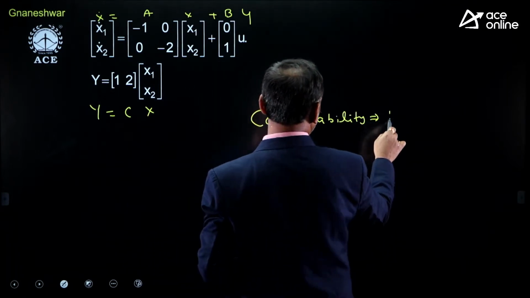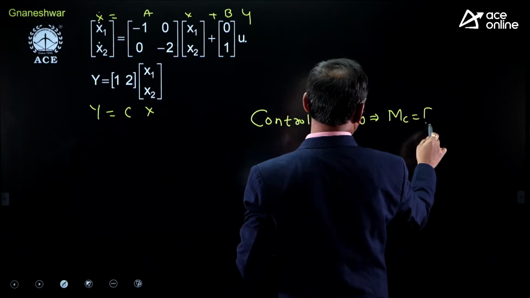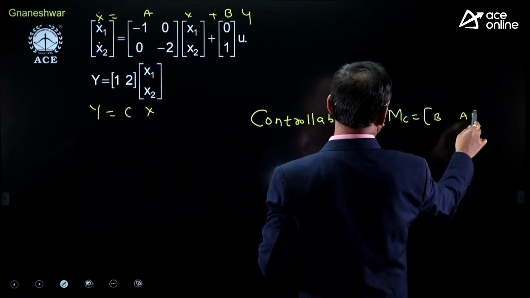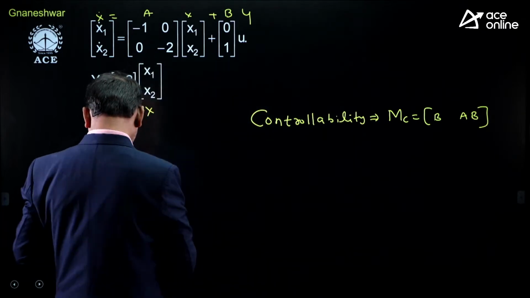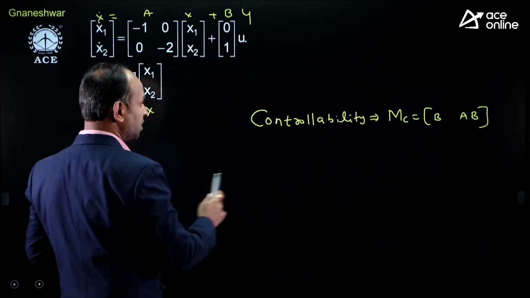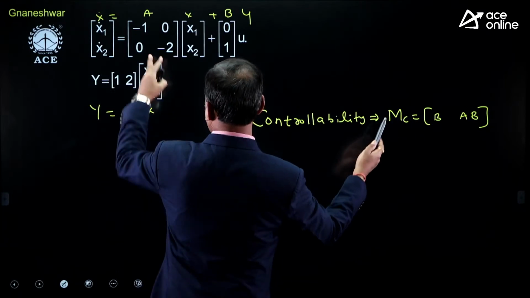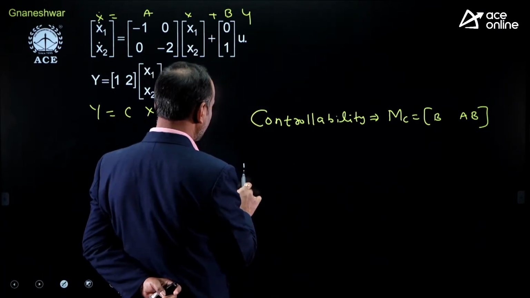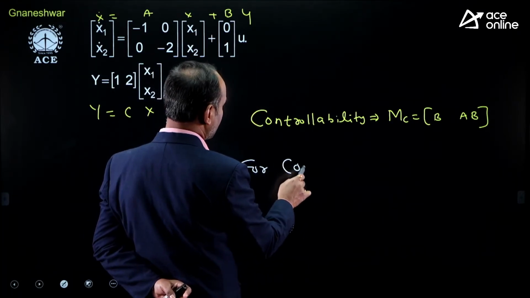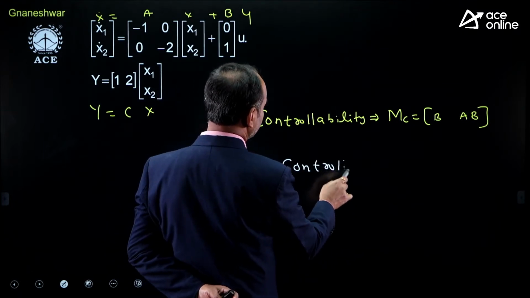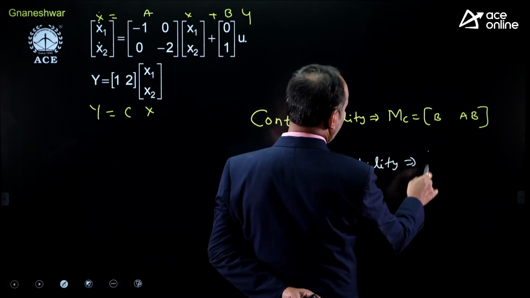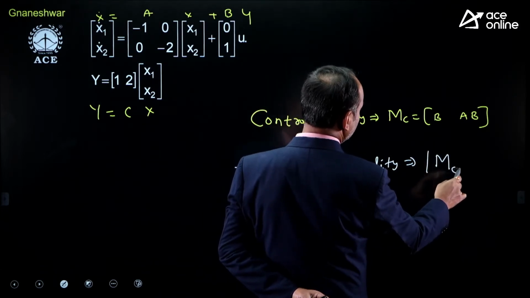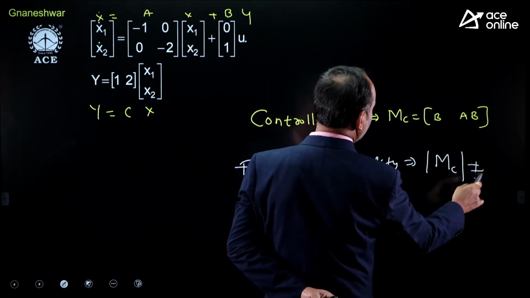For controllability, Mc equals [B, AB]. Previously a question was asked directly for the controllability formula. Multiply A into B. For controllability, det of Mc, where Mc is the controllability matrix, should not equal 0.